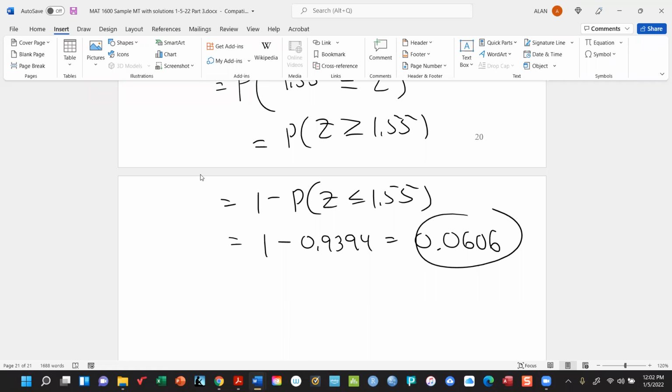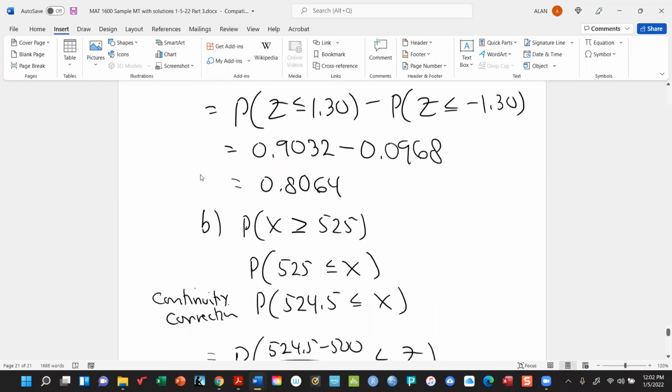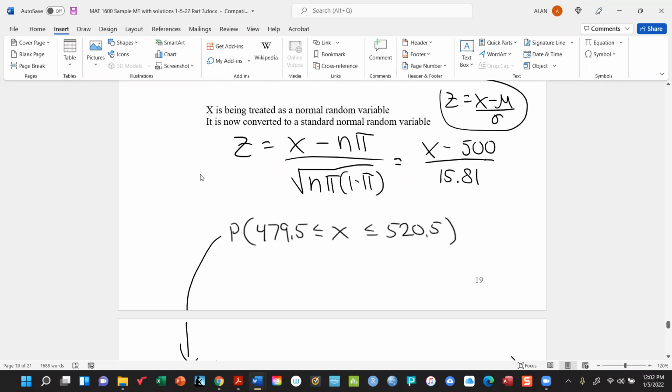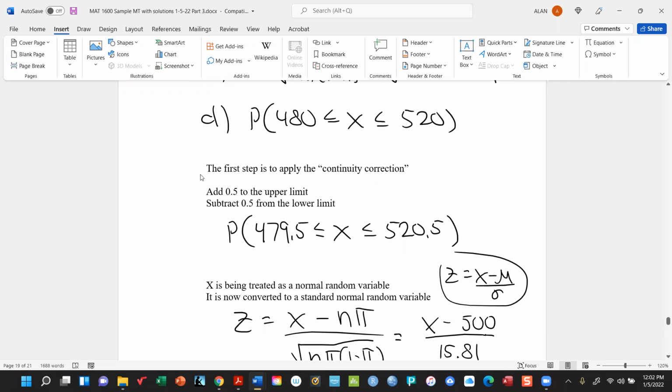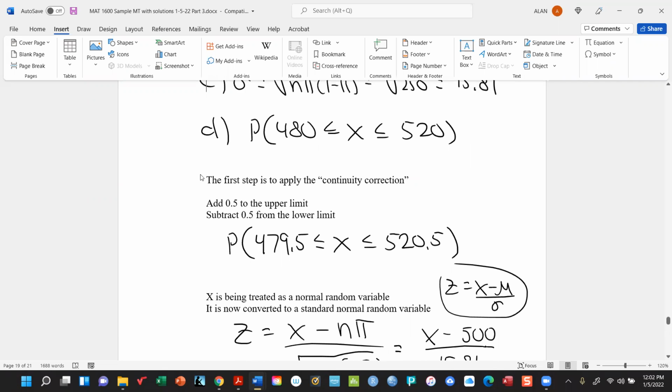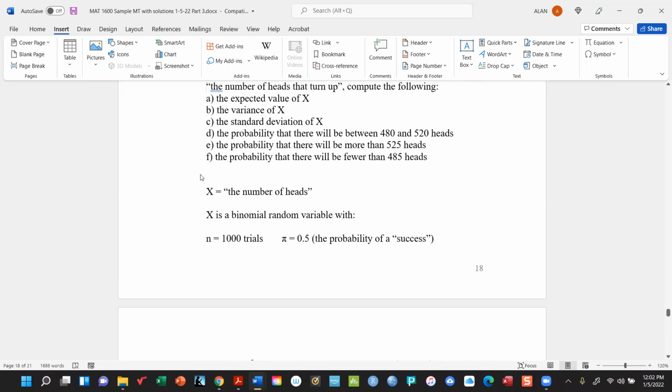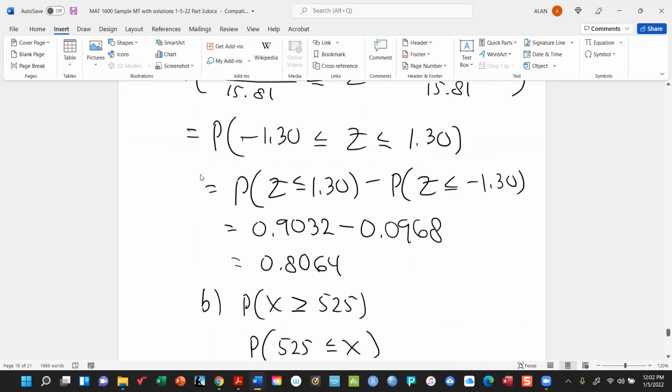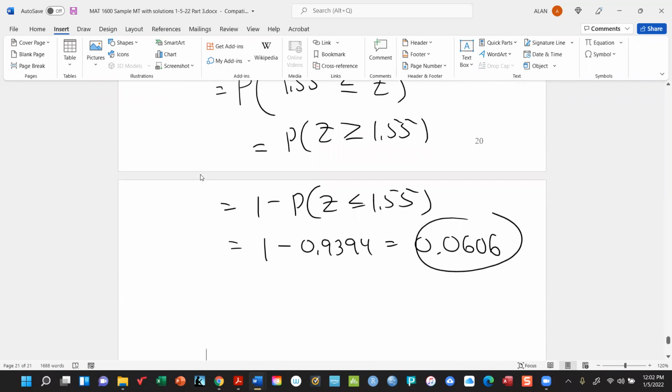All right, and then there's one more piece. And that is part F, less than 485 heads. So this one's pretty straightforward.